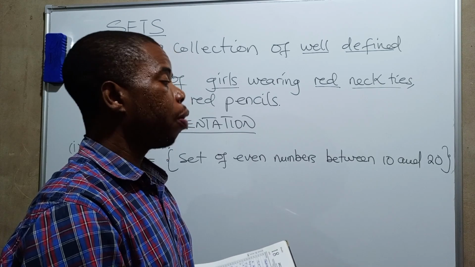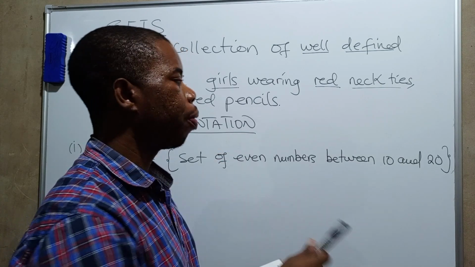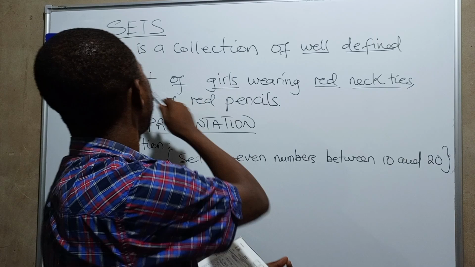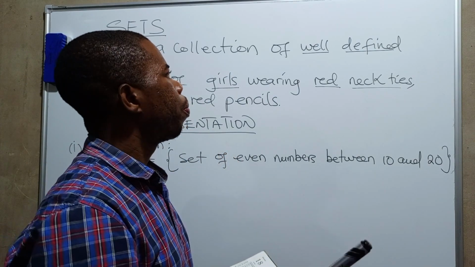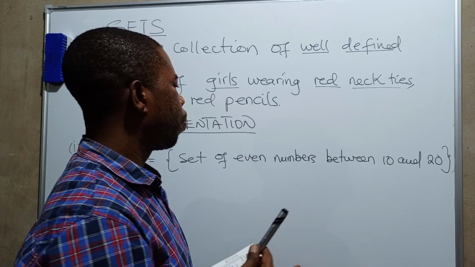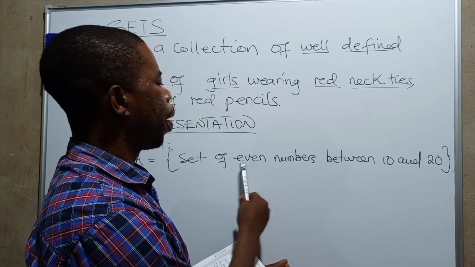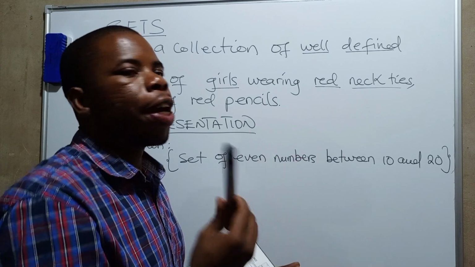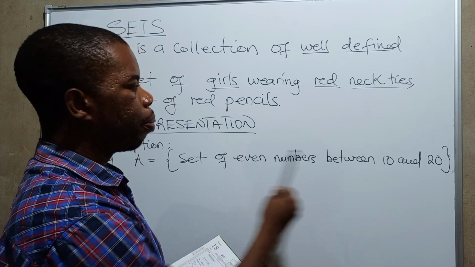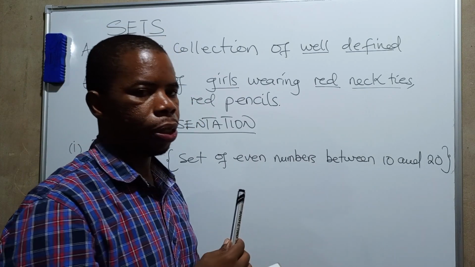So the objects here are what? The objects here are numbers. Now, what numbers are we talking about? Even numbers. Now, how have we defined them? Those between 10 and 20.